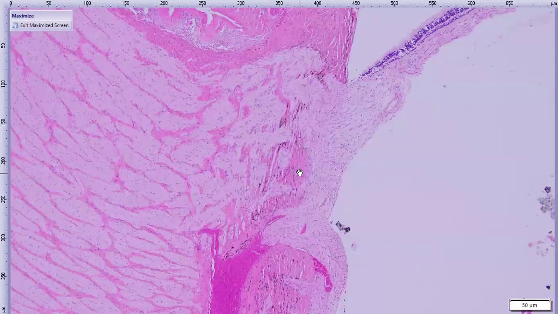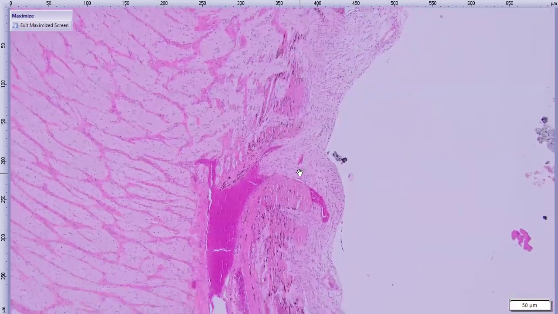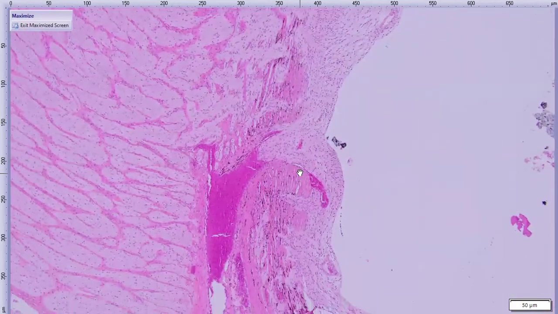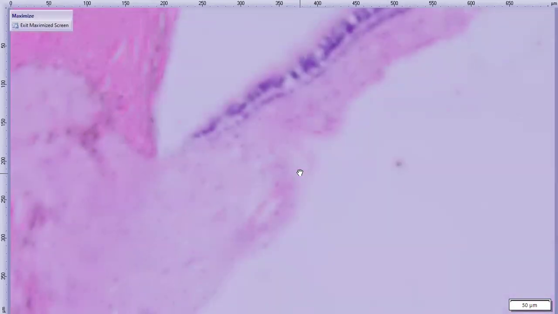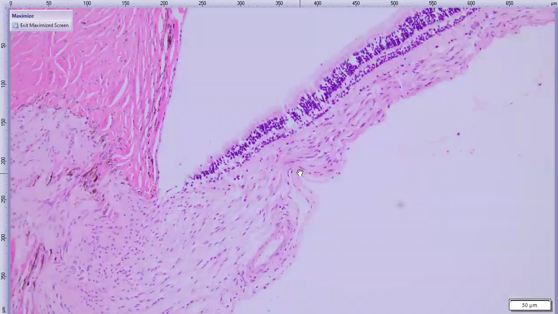You should be able to draw a reasonably straight line. In this case, there's maybe subtle posterior displacement of that, and maybe the beams of collagen are a little bit closer together. So maybe there's a subtle atrophy, but it's a little bit equivocal, or not obvious.